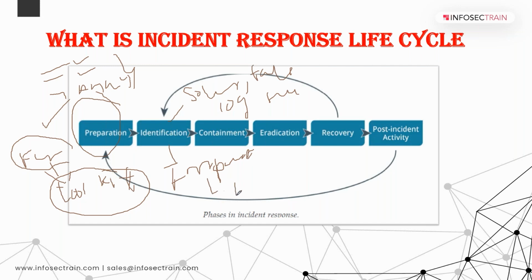We can also give priority over here, whether it is P1, P2, P3, or P4. Impact, priority, when it happened, source IP addresses if any, and log sources: these will be identified in the second phase.